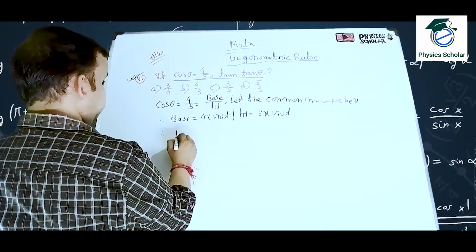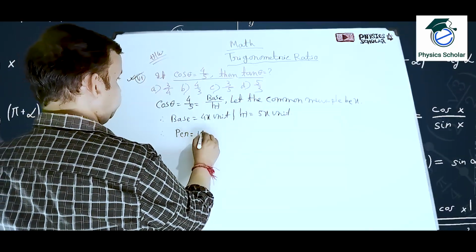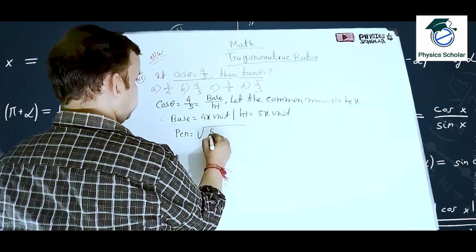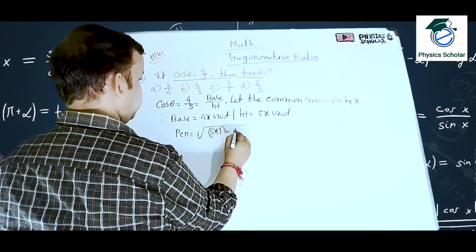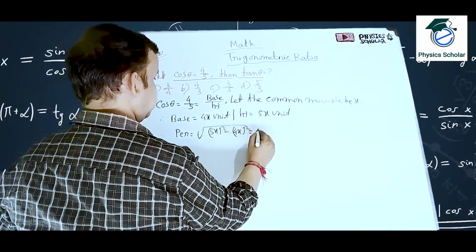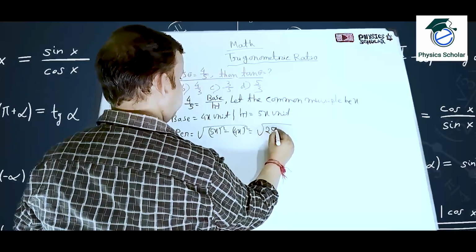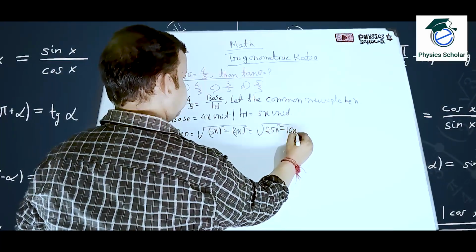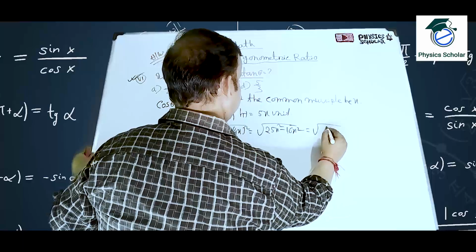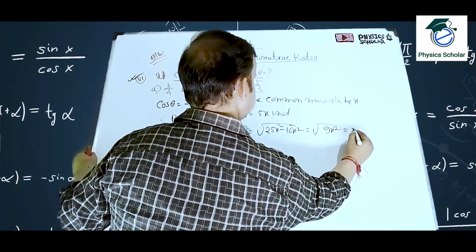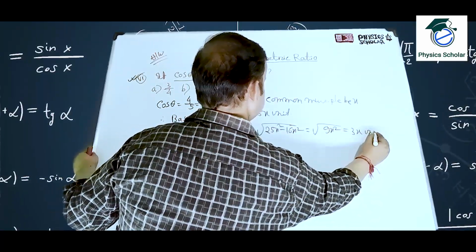So perpendicular, by Pythagoras theorem, is equal to root over hypotenuse square minus base square, which is root over 25x square minus 16x square, is equal to root over 9x square, is equal to 3x unit.